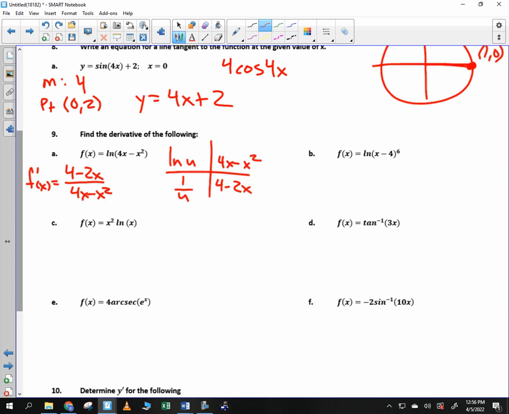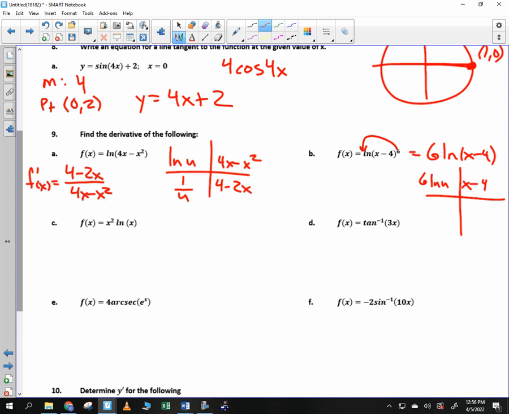Where do you start? Nope. Come on. Yep, thank you. It's going to make life a lot easier. You're going to make a mistake otherwise. So therefore, we have 6 natural log of x minus 4. Now the problem is easy peasy.